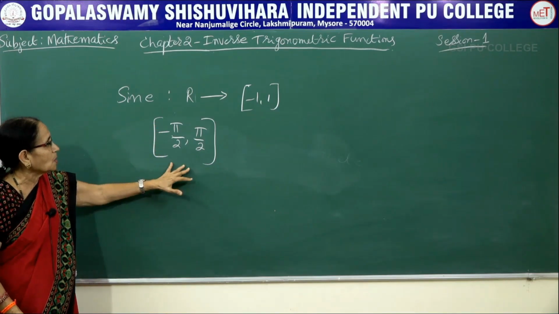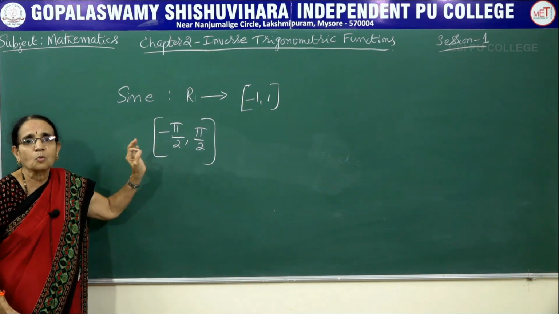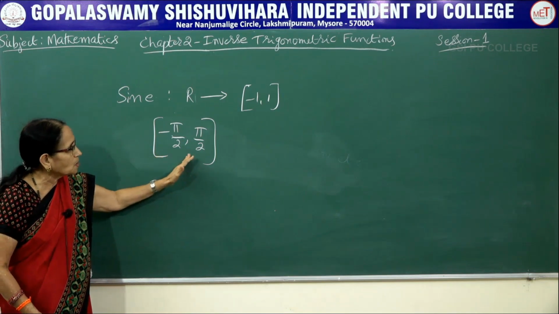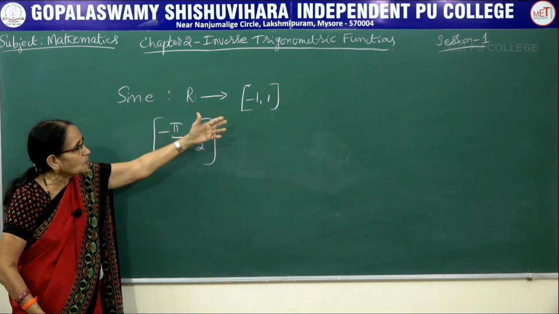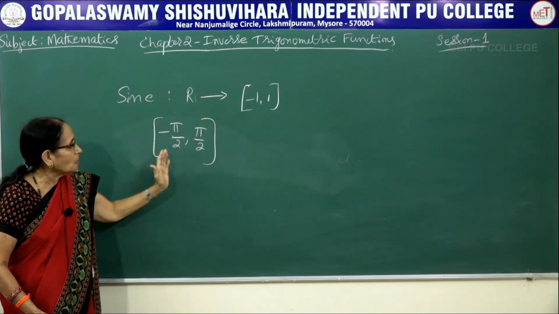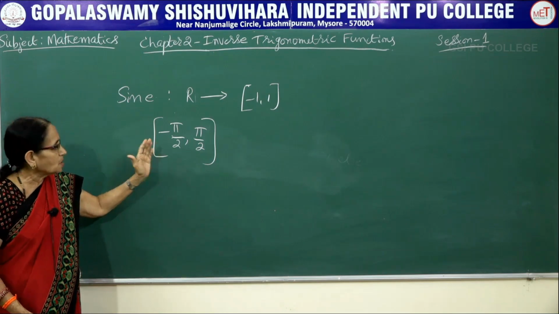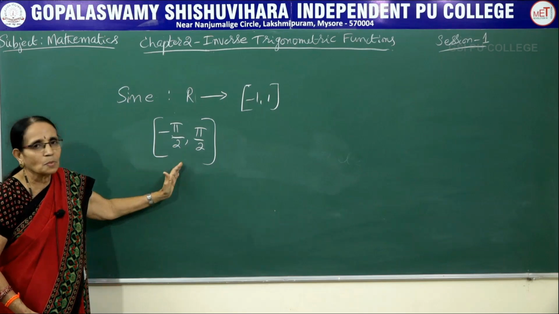Then in this interval the sine function becomes both 1-1 and onto, because for each value in the domain we have a corresponding value, and it becomes onto because for each value in the range we will have a corresponding value in the domain. That is, a pre-image will be there. For each number here there is an image, and for each quantity there will be a pre-image.